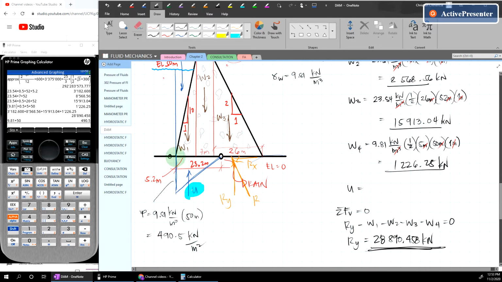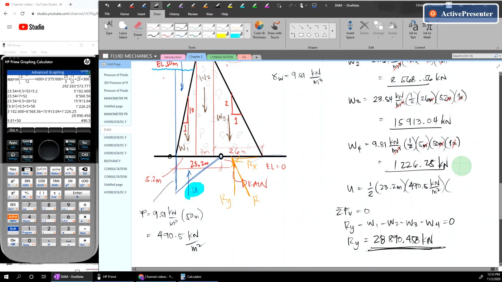So yan yung height nitong triangle. Okay, so solving for the uplift force U, so again, volume na lang, no, nung triangular pressure diagram sa ilalim. So that is 1/2. Ang base natin is 23.2 meters. Yung height is 490.5 kilonewton per meter squared. And then multiplied nung, so yan ang area ng triangle.